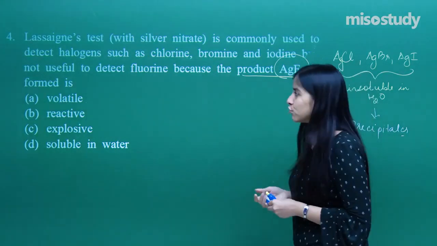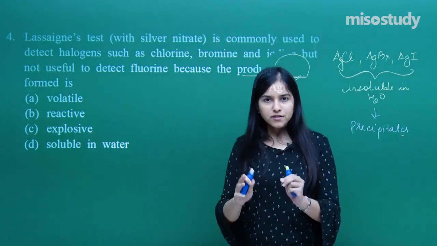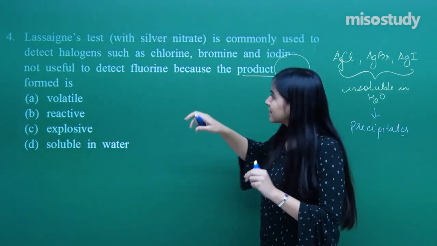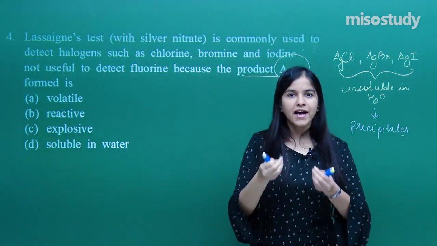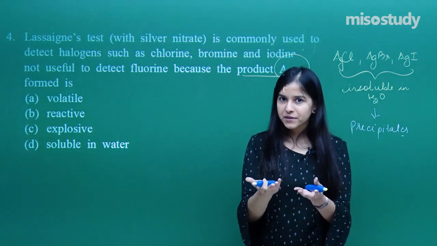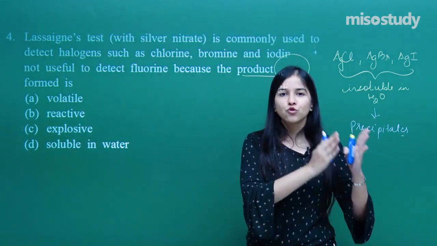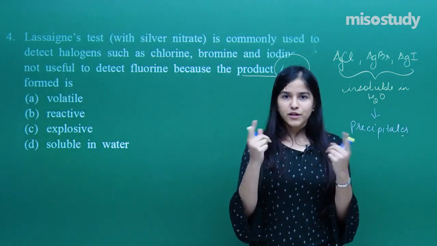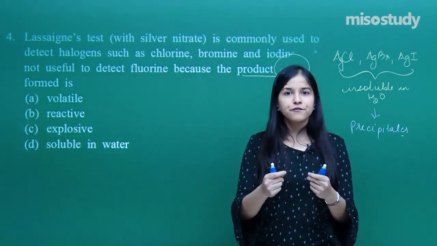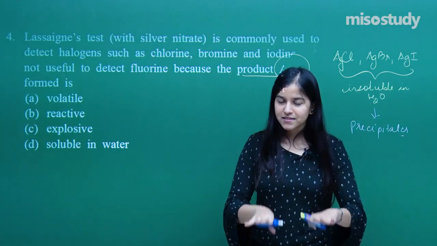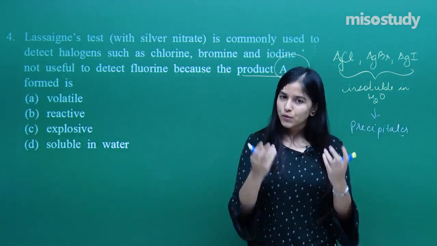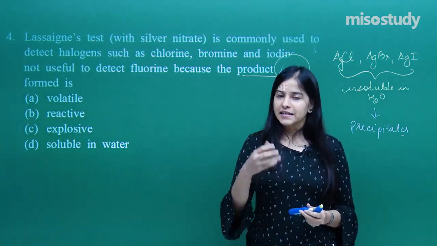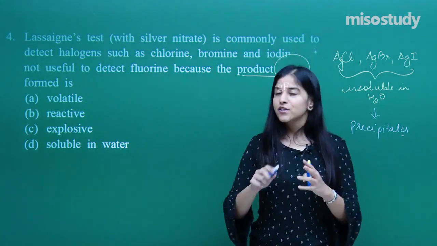Do not get confused by all the options, because how do we detect the formation of the silver halide? By its precipitate. If the precipitate is soluble in water, then how can we detect it? It will not be visible. And if the precipitate comes down and settles, being not soluble in water, we can easily see it with the naked eye.